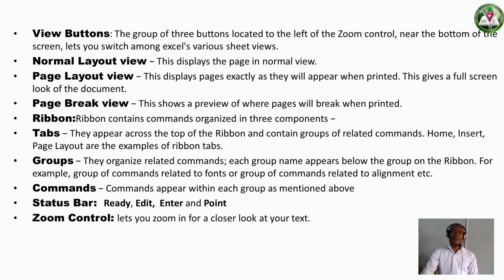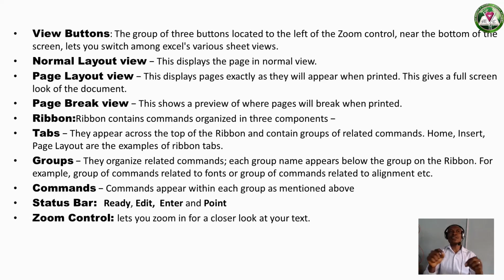You have the groups. The groups are organized related commands. Each group name appears below the group on the ribbon. For example, a group of commands relate to fonts, or a group of commands relate to alignment.